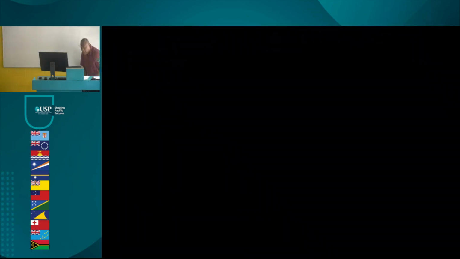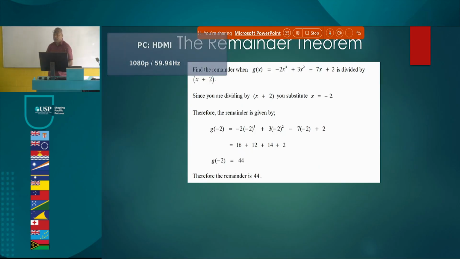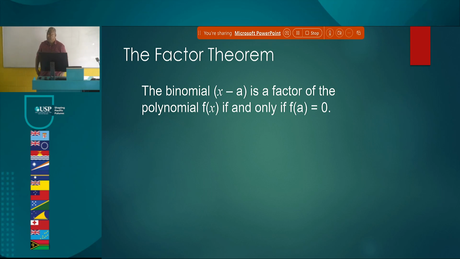And that takes us to the factor theorem. The factor theorem says if the remainder f(a) is equal to 0, then the divisor is a factor of the dividend.